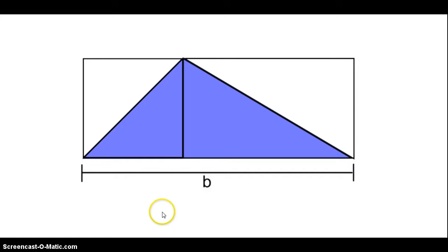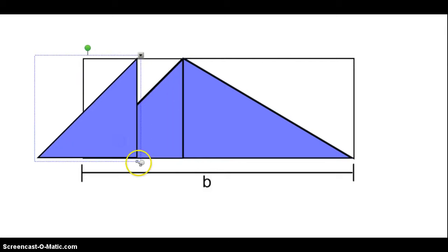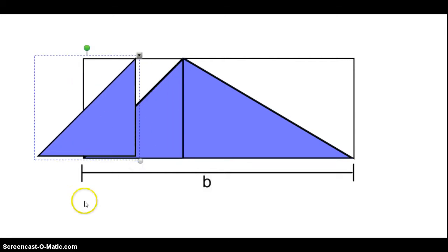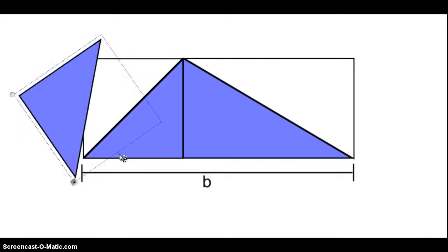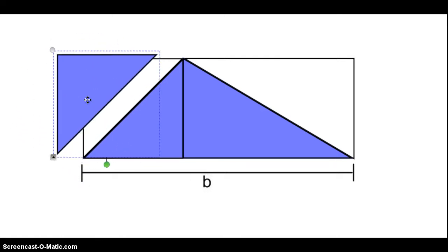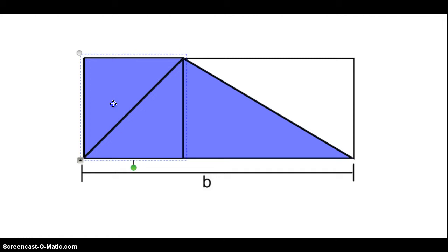Now watch how we can do that. With my altitude, my large triangle has been broken up into two right triangles. So what I'm going to do is duplicate these right triangles. Here I'm going to duplicate this right triangle, and then I'm going to rotate it. Fits right inside.